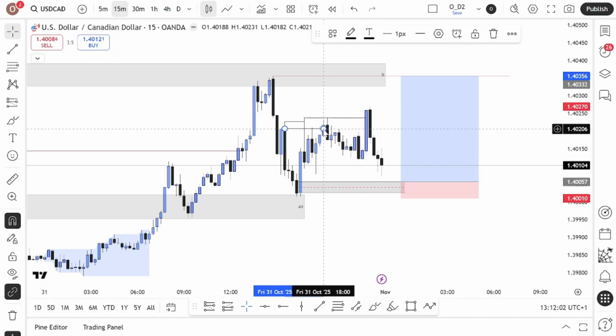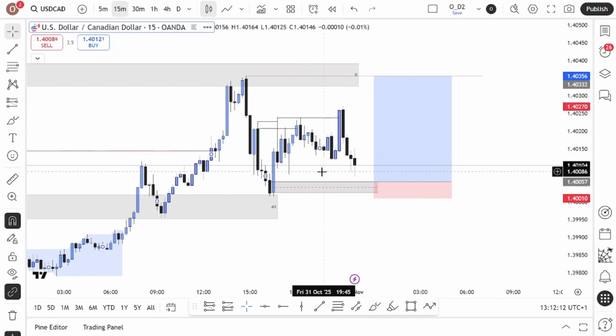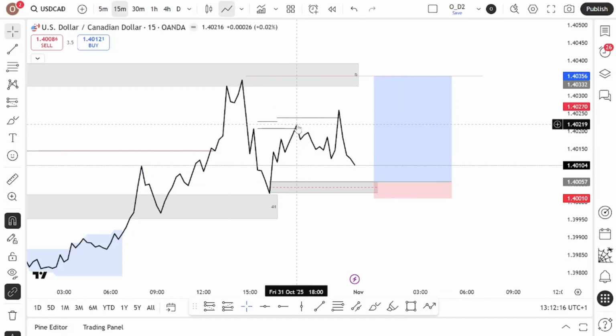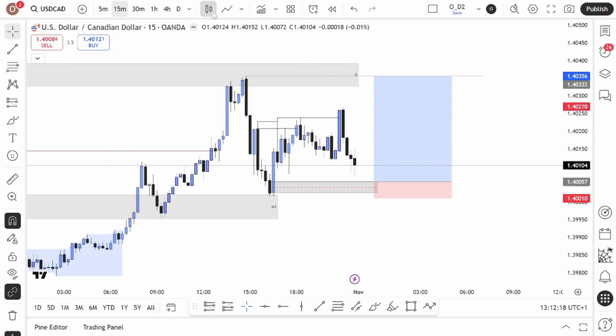I'll be doing that by backtesting, which I think I'm going to be screen recording also, so that you will follow me through the whole process. So this was where I got that break of body confirmation. That was telling me that there's a tendency that all this is going to be liquidity.